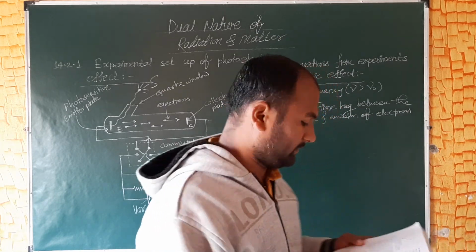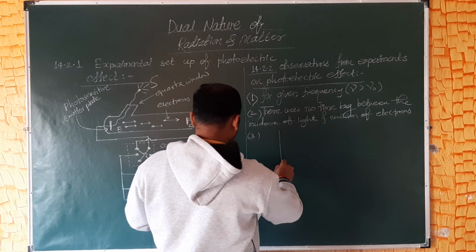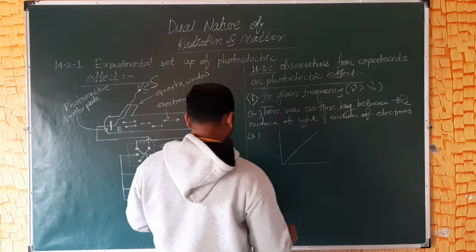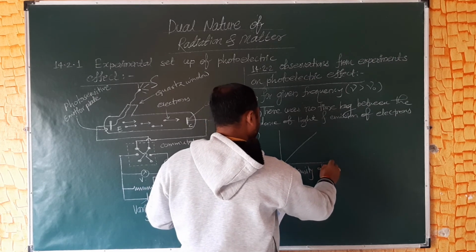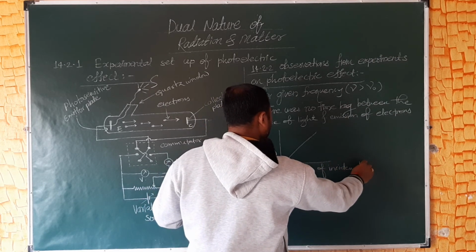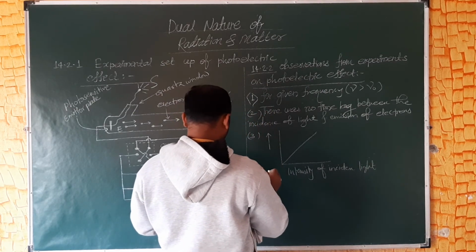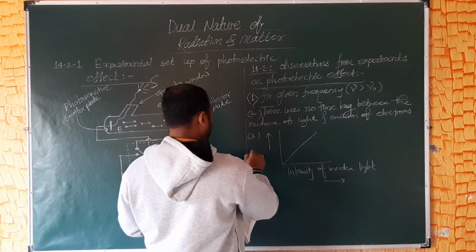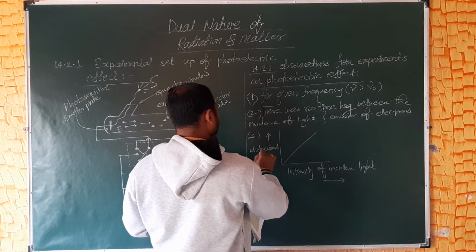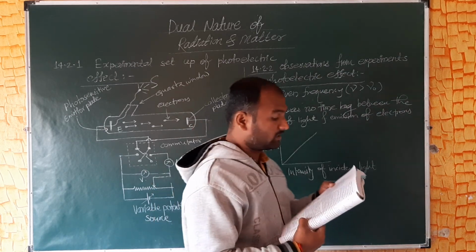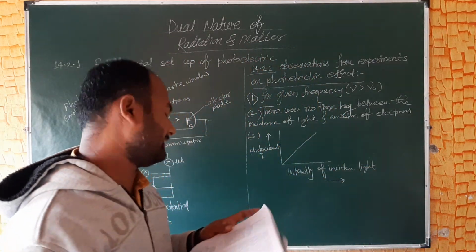As shown in the figure, this is the intensity of incident light, and here is the photocurrent I. So, photocurrent as a function of incident intensity for fixed incident frequency and accelerating potential.